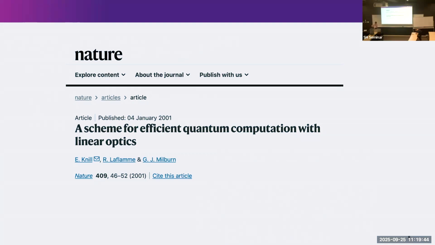Okay, and I don't think I put the diagram here, but honestly it's hard to understand. So my tip for you is to read the experiment paper, which has Tim Ralph and Andrew and Jeremy O'Brien in it. That is easier to understand.